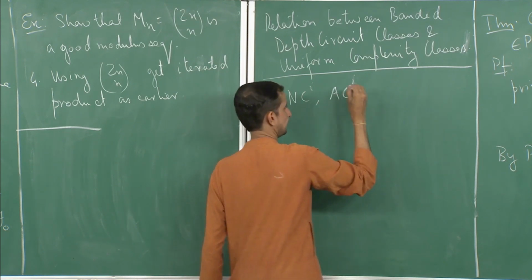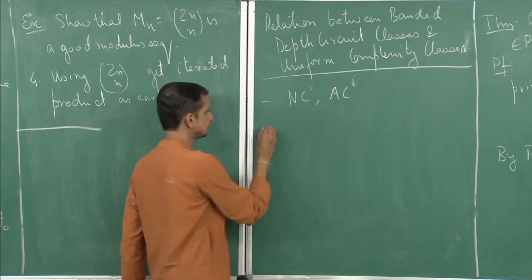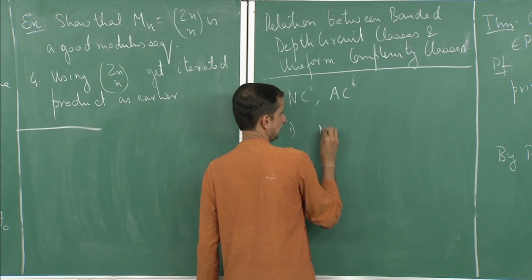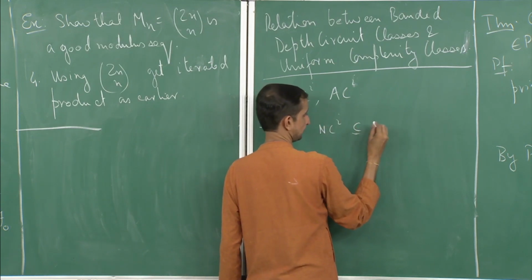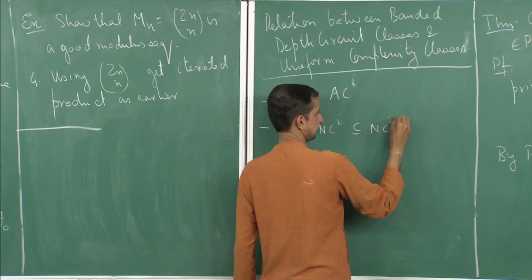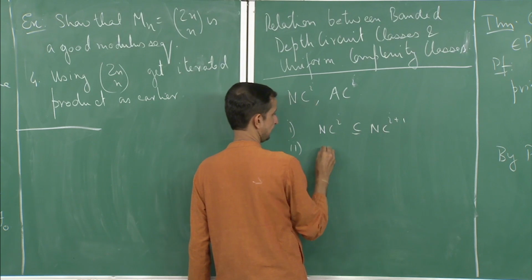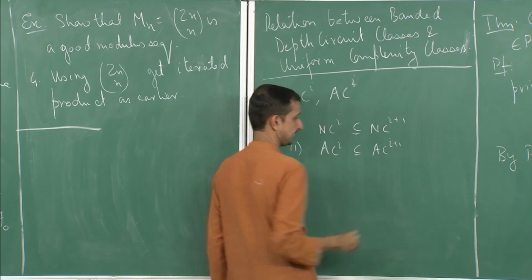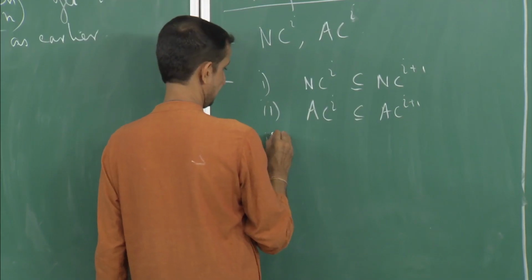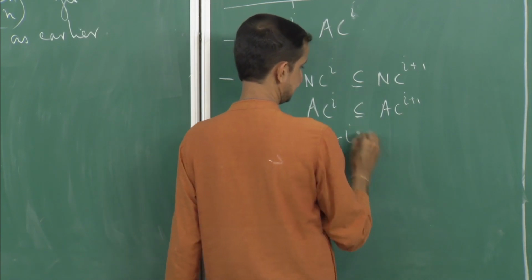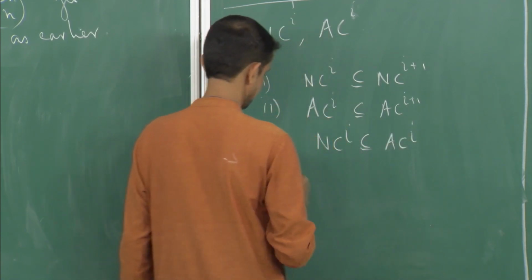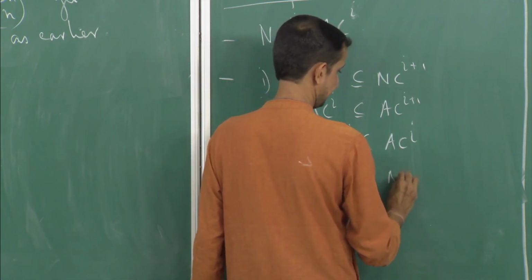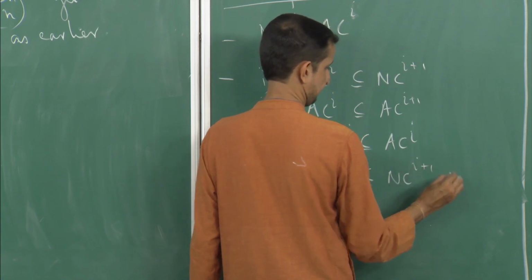Okay. So, we have seen these classes NCI, ACI and so on, and we have also seen the following results. So, we have seen that, well, NCI is of course contained in NC I plus 1, ACI is contained in ACI plus 1, NCI is contained in ACI, and ACI is contained in NC I plus 1.